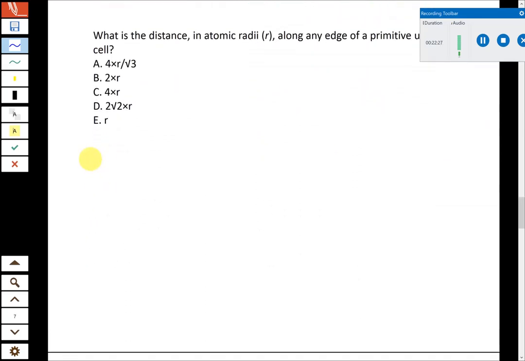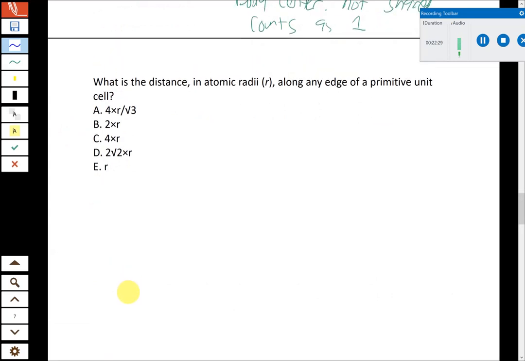All right, and then the next 2 questions deal with distances along the edges of different types of unit cells. So we're talking about cubic cells here. We're not going to go into crazy detail with the geometry. My lectures did to some extent to help you understand some of these things, but we're going to just ask you some of the more straightforward aspects of the geometry.